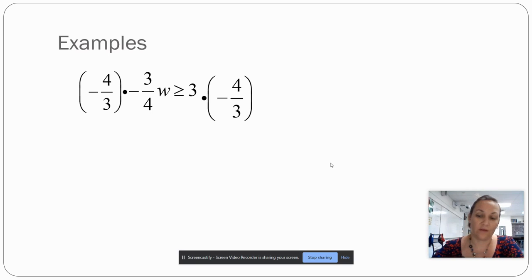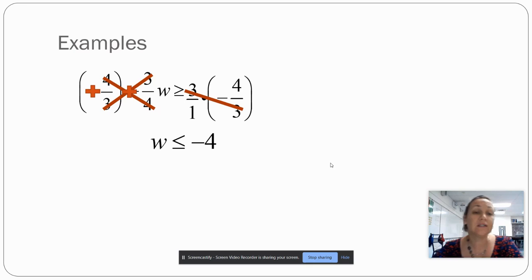On the left-hand side, the 4's cancel, 3's cancel, and the negatives cancel, leaving us with just the letter W. On the right-hand side, you can cross-cancel the 3 that was already there and the 3 on the bottom. And that leaves us with the 4 and the negative sign. Now again, I multiplied by a negative, so you'll notice that my final answer is W is less than or equal to negative 4. So I flip my inequality because I multiplied by a negative.